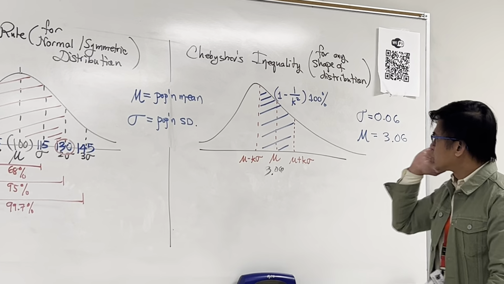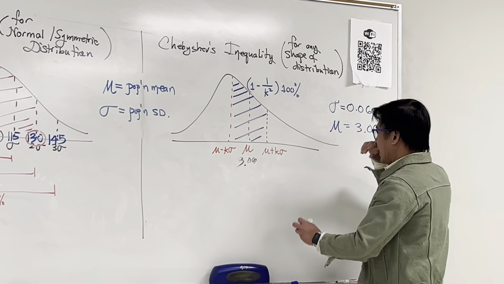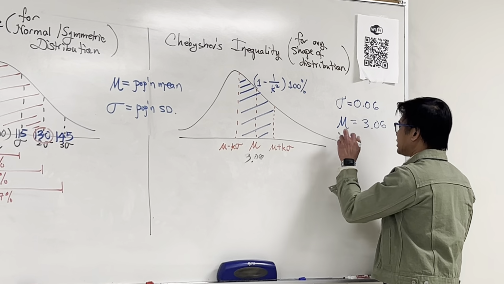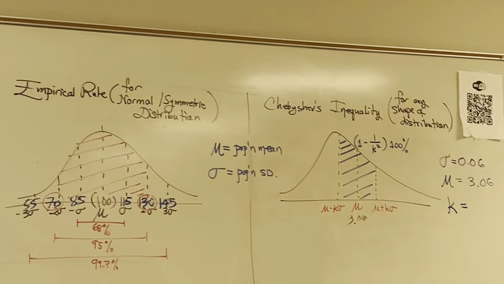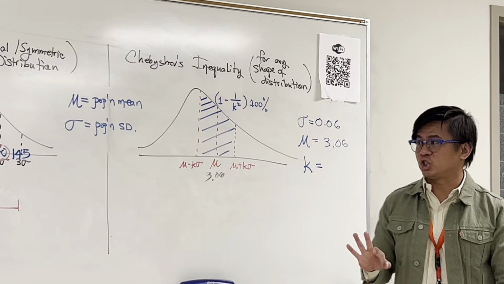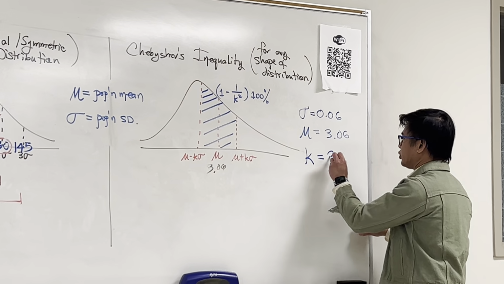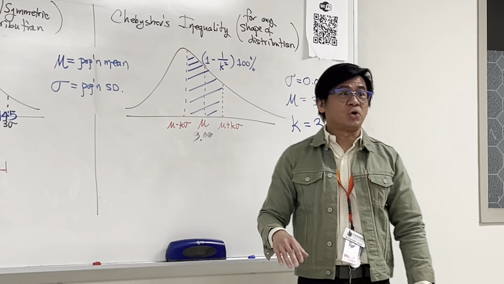So that means your K here, how many standard deviations above and below the mean are we talking about for letter A? 3 standard deviations above and below, so your K is 3.